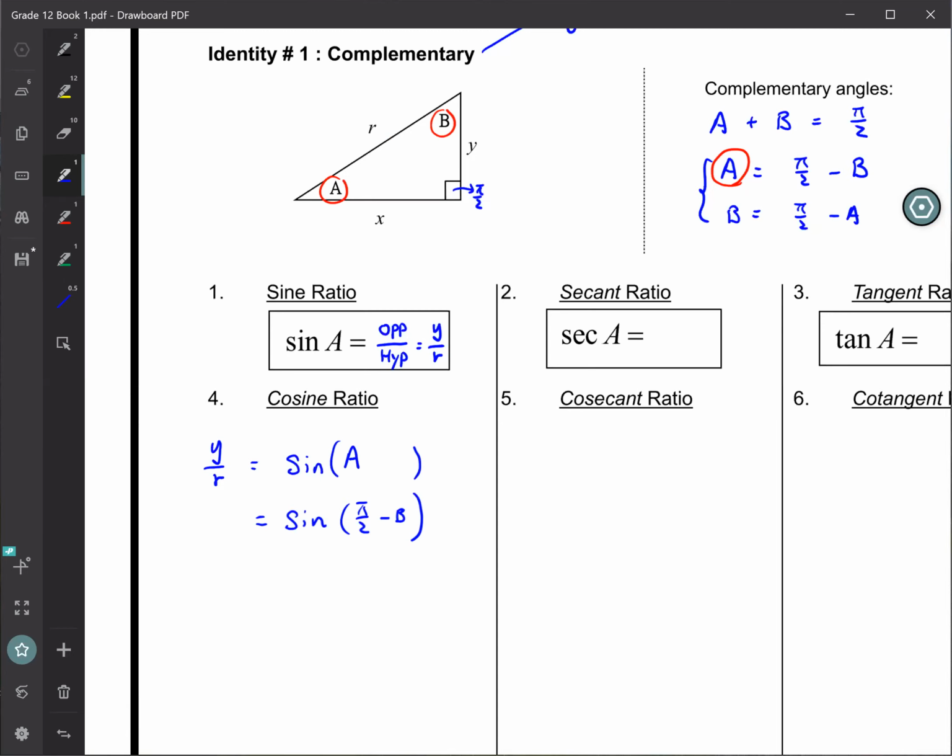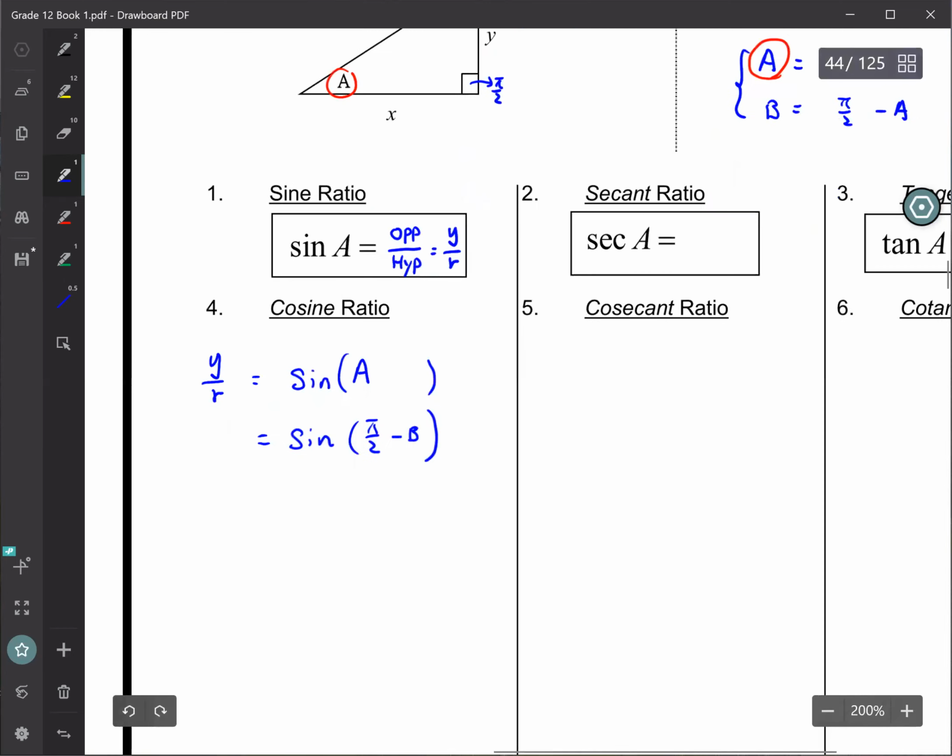Make sense? And then I can write it as a sentence. Angle A is the same as the complementary of B. Complementary of B is A. Complementary of A is B. That's the meaning, because they add up to 90 degrees.